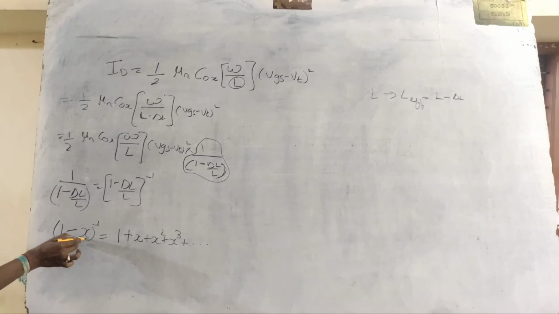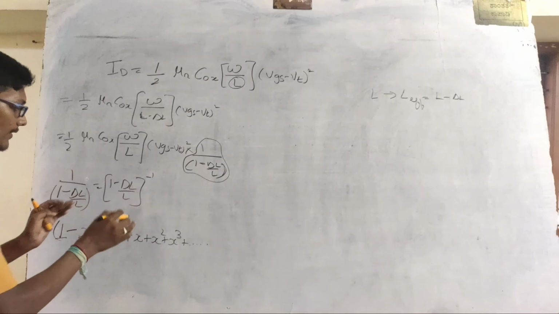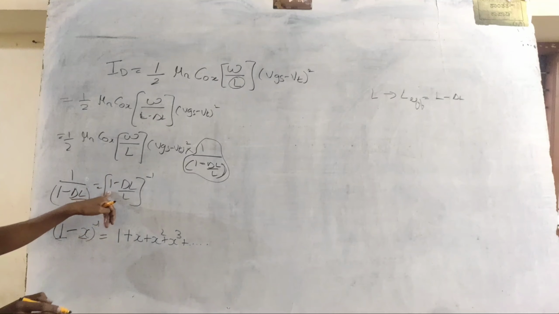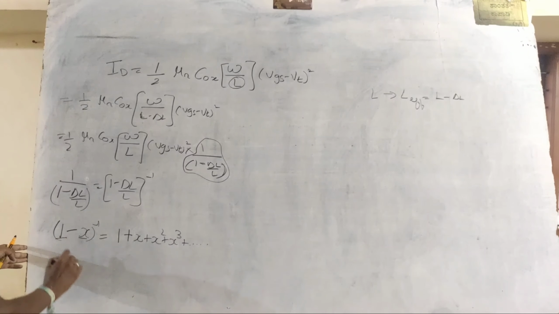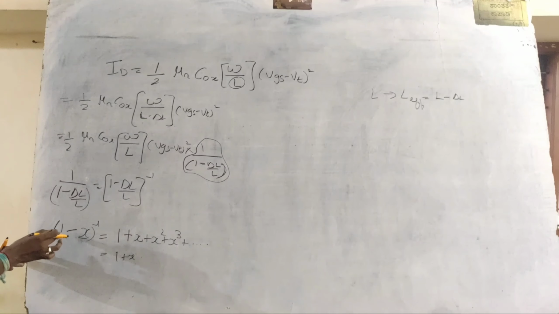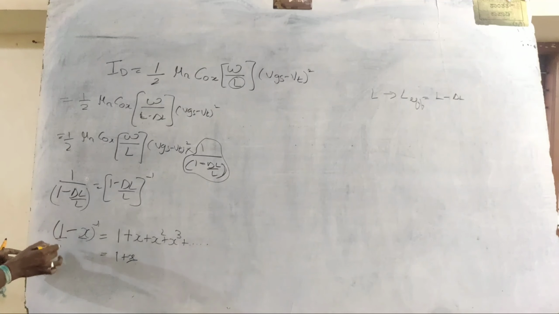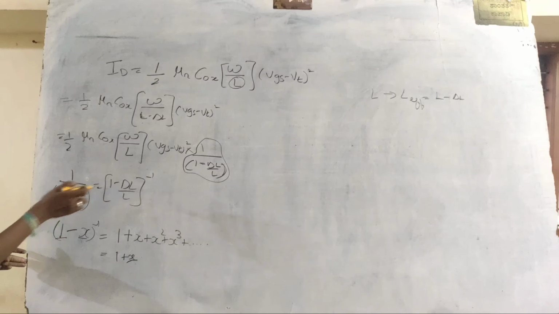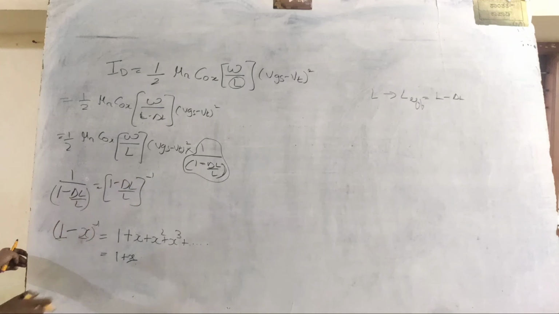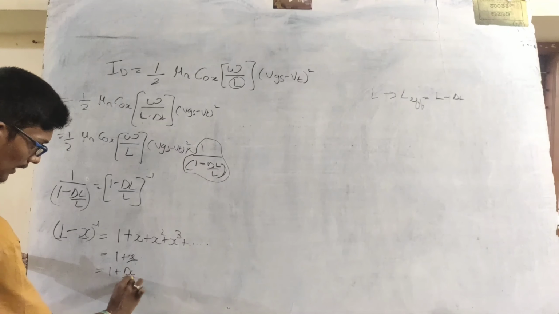When x is much less than 1, which is the case here also, delta L by L will be very small compared to 1. So this equation becomes 1 plus x, where in place of x we have delta L by L. So this will become 1 plus delta L by L.